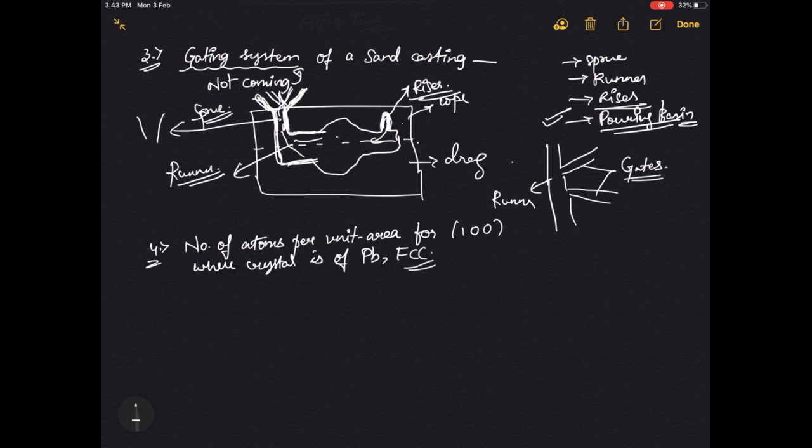So this is the given information. They gave us the plane, they gave us the crystal structure FCC. Now they are asking us to find out the number of atoms that are present per unit area.